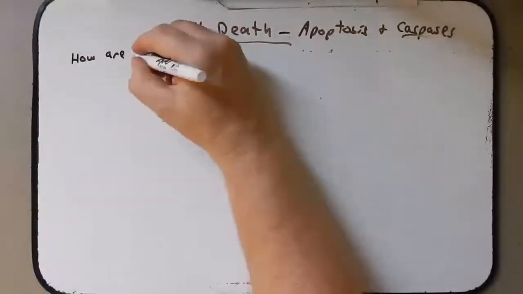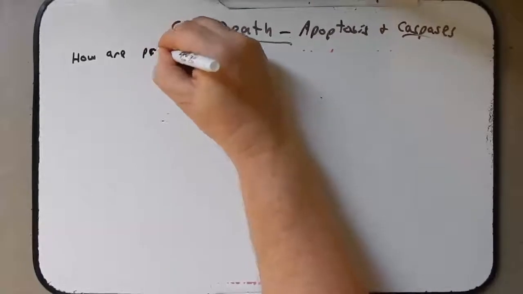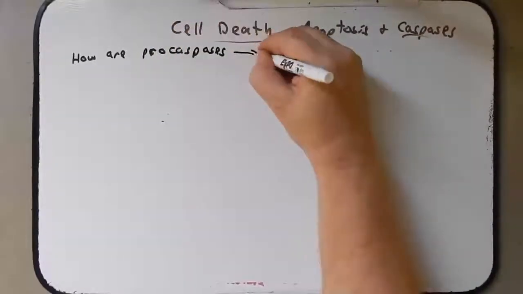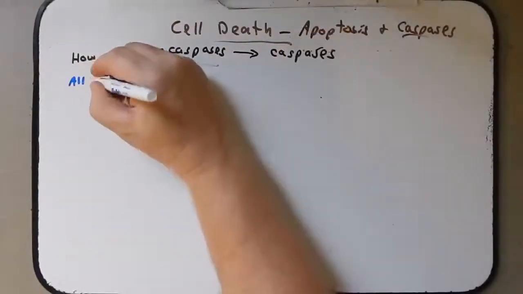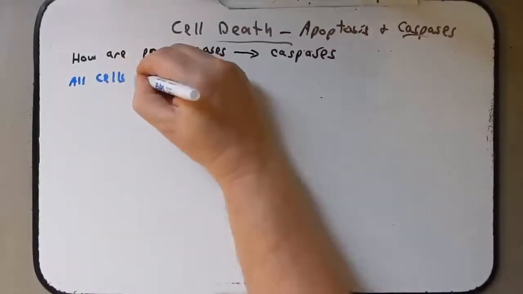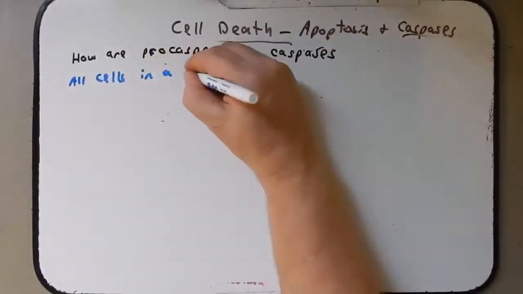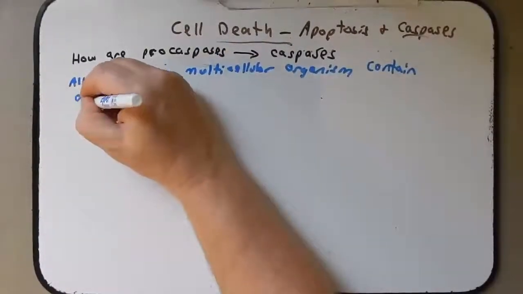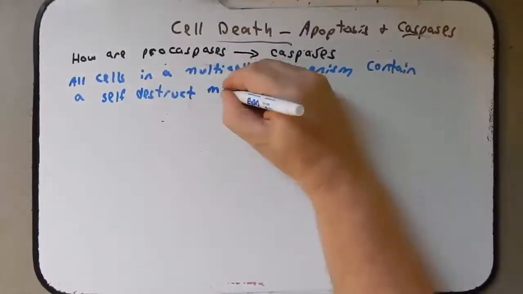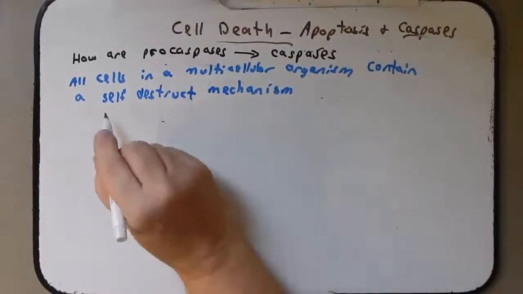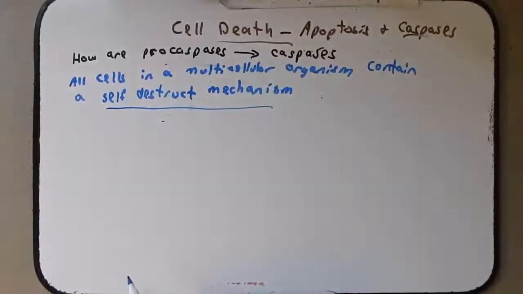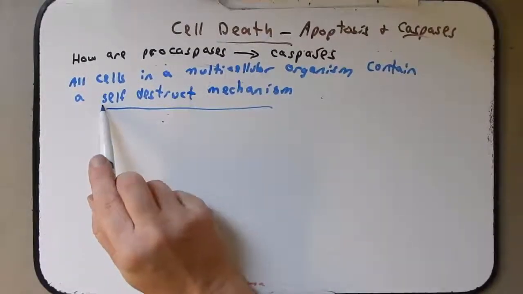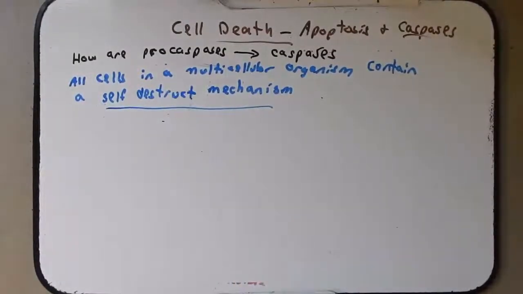So the next question is, how are procaspases activated into caspases? All cells in a multicellular organism contain a self-destruct mechanism. Because all cells contain this, it's really important to make sure that there are many steps put in place to regulate this self-destruct mechanism.